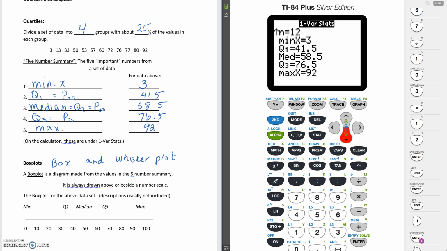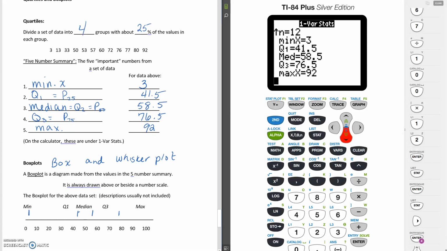So for this data set, we're going to go to about where 3 is. You kind of have to guess. And we put just a vertical line. Q1 was at 41.5, so we go to about 41.5. Guess where it is? The median's at 58. Q3 was 76.5. And the maximum is 92. So we draw little vertical bars for each of those.